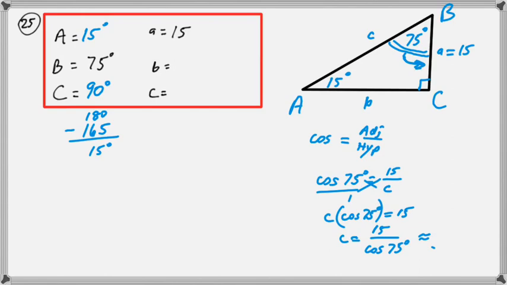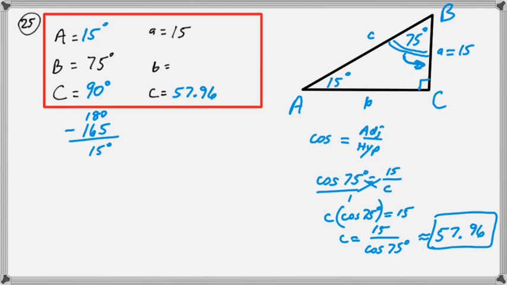So, I have 15 divided by cosine 75, right? It is B, right? Cosine of B, yeah. So I get 57.96. And that's c, 57.96.